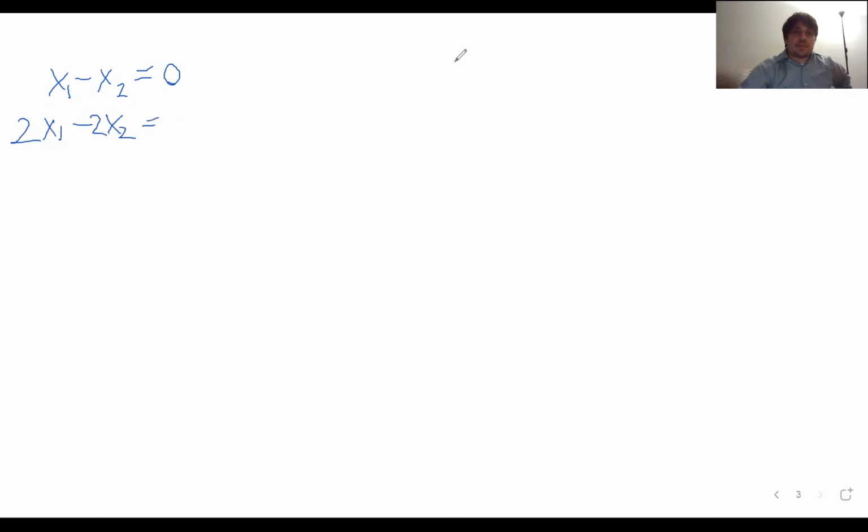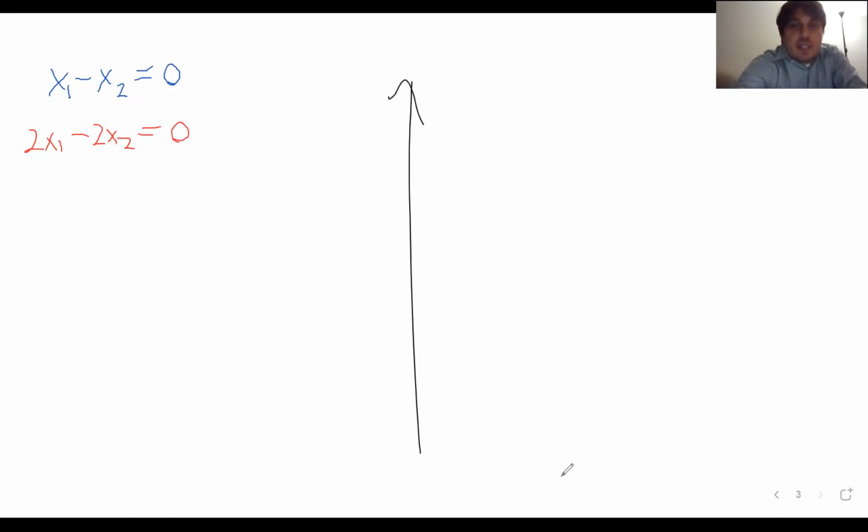I'm going to use red. Now we're going to graph each of those lines and see the relationship between those two lines to find out how many solutions this linear system has.